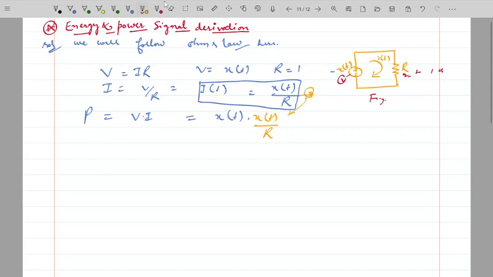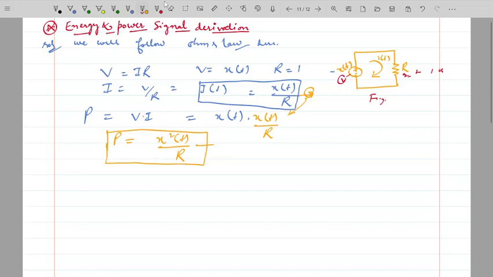So the power will be x square of t upon R. So our power is P of t.